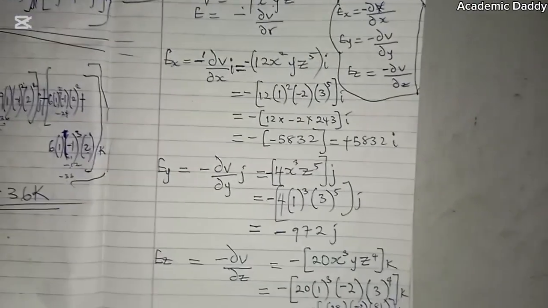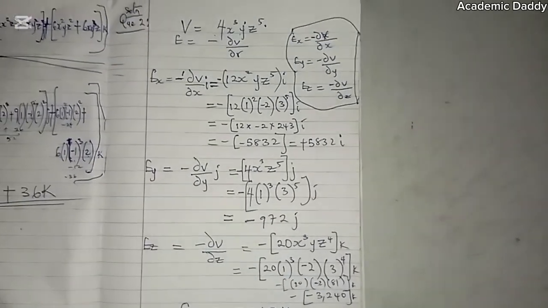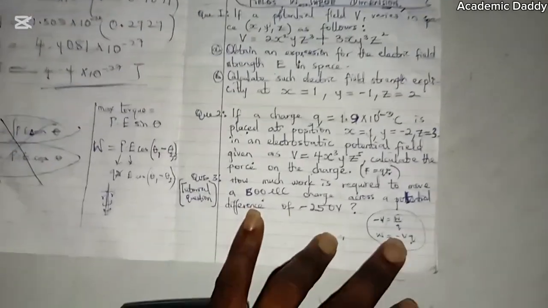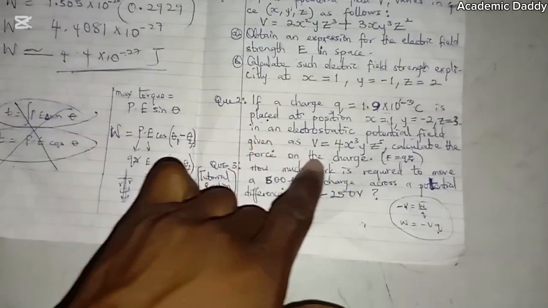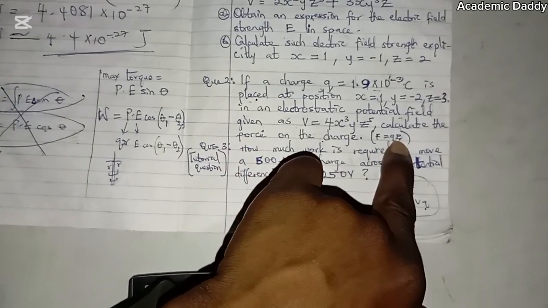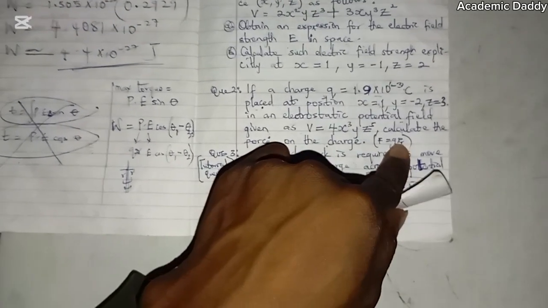So now, remember that the actual question said what we should do. Let's go back to that question. The question says calculate the force on the charge. So that's why we had to find E, because we already have the charge. The charge is 1.9 times 10 raised to the power minus 3.